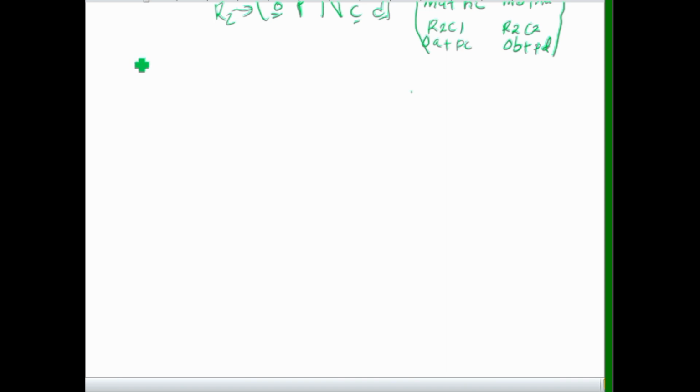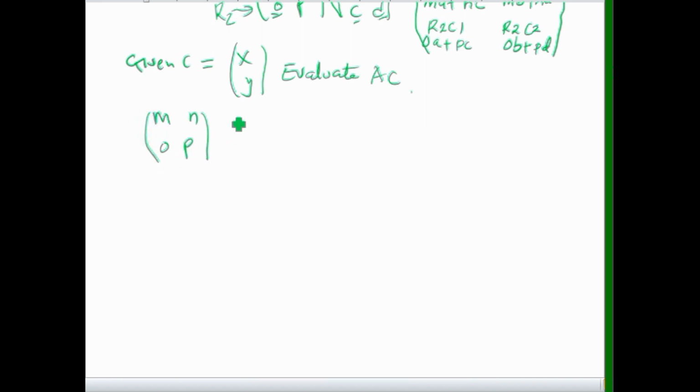Now, you can also multiply a 2 by 2 matrix by a 2 by 1 matrix. Given another matrix C equals x, y, how do we evaluate AC? You pick matrix A, that is m, n, o, p, and then multiply by x, y.